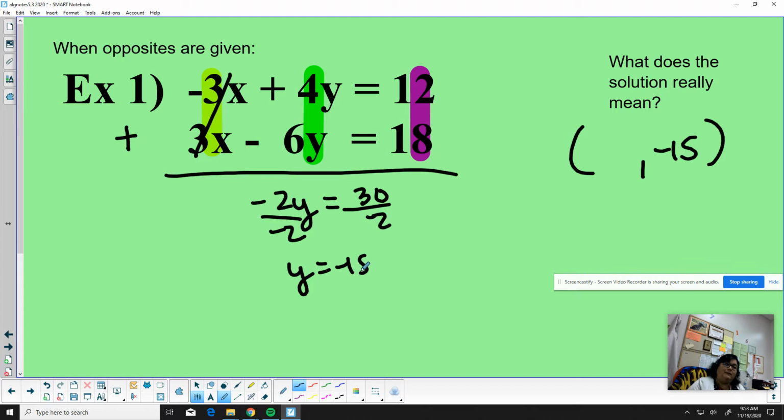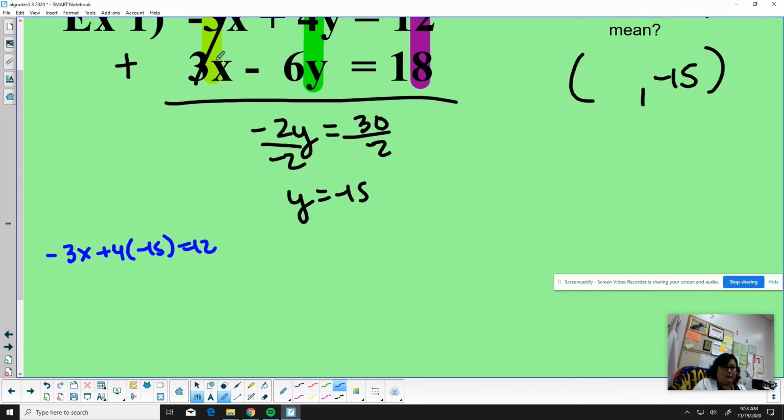And then I can take the negative 15 and put it in the top one or the bottom one. It doesn't matter. I'm just going to put it in the top one. So negative 3x plus 4 times negative 15 equals 12. I could have put it in either one; it should come out the same both ways. So 4 times negative 15, I believe that's negative 60.